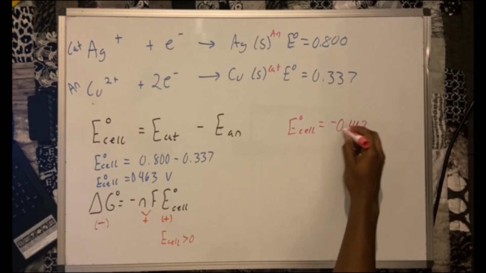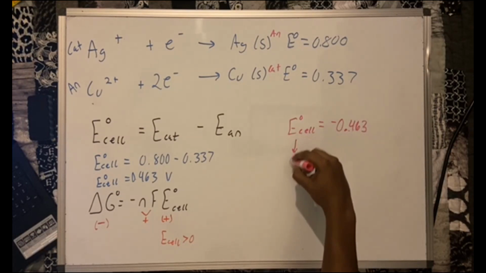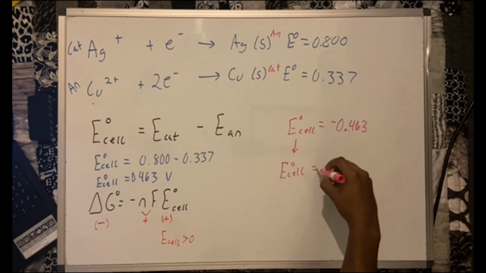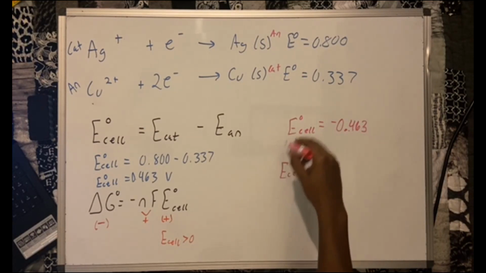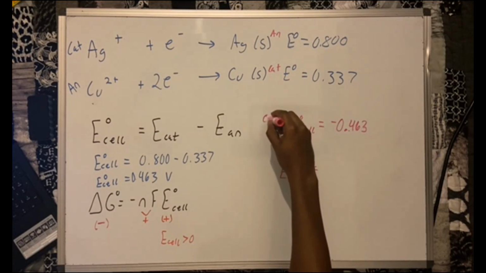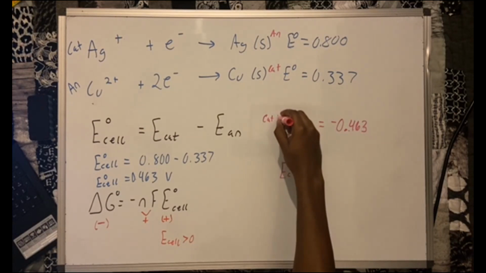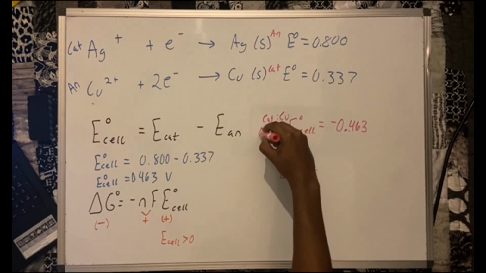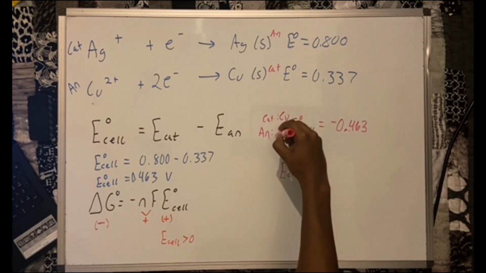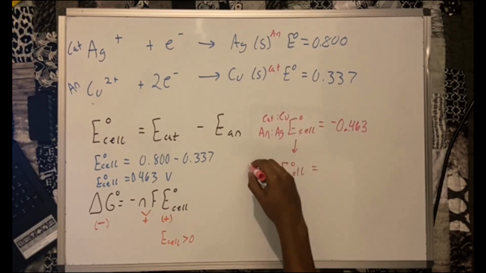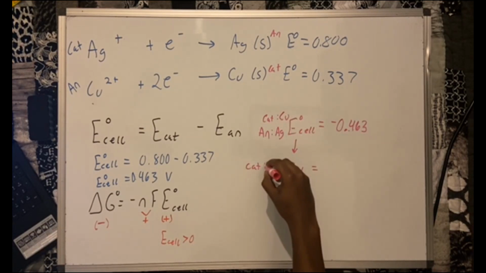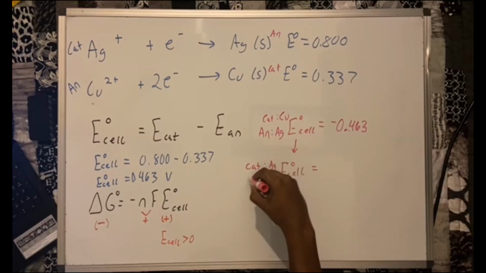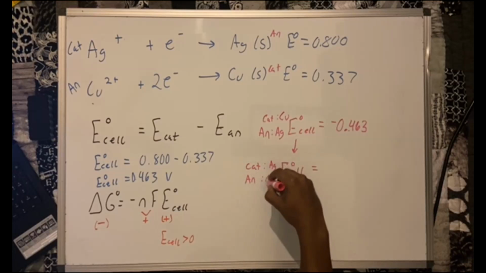So just flip the sign. Eocell naught equals, so flip the sign and flip your things. In this one, my cathode is Cu, and my anode is Ag. And in this one, my cathode is Ag, and my anode is Cu.